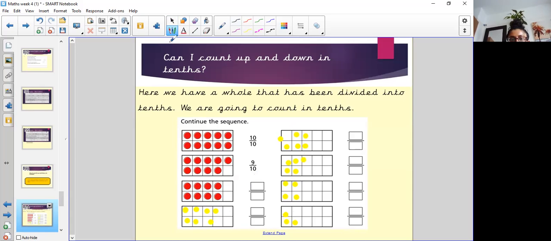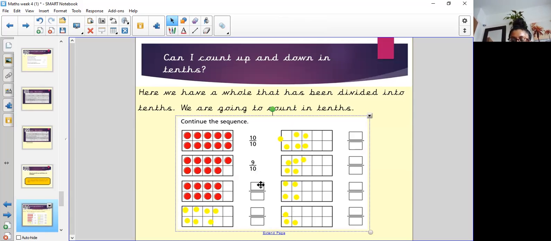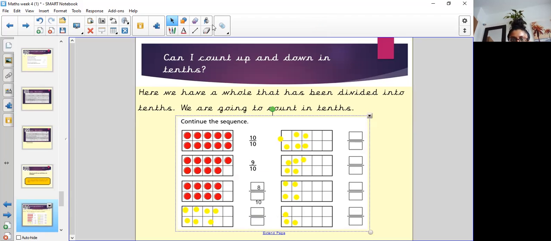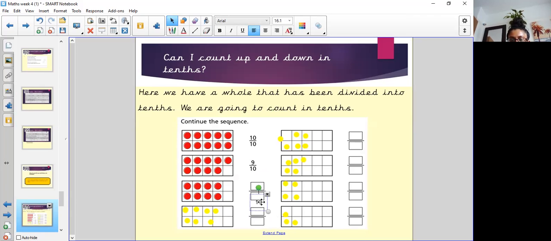So here we've got 10 tenths, 9 tenths, and we've got 8 tenths. Over here, it's not working for me today.